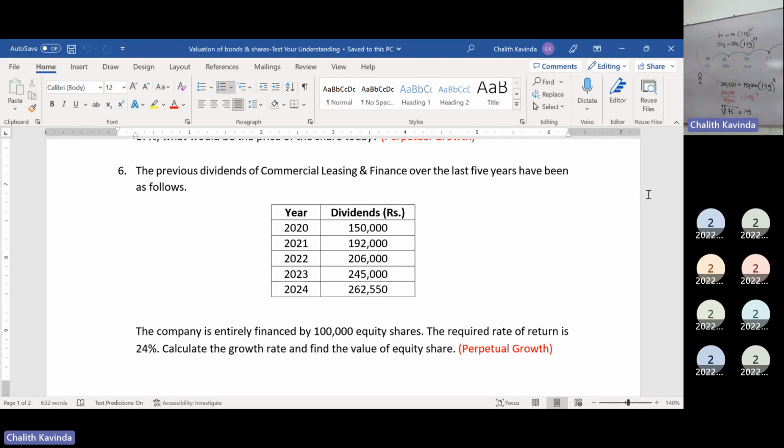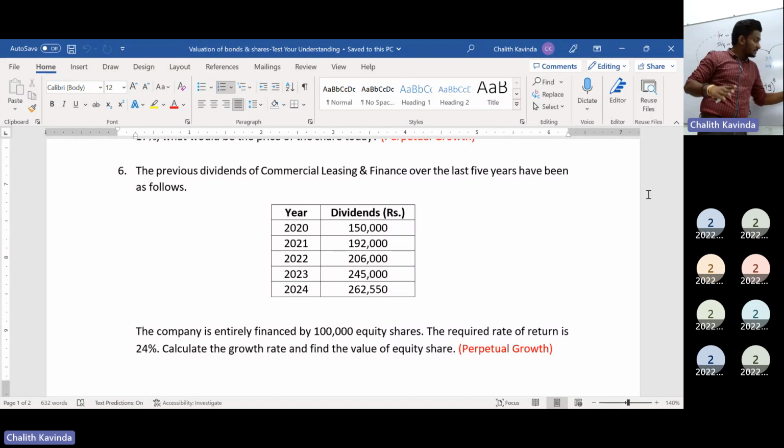So price of the share equals what? You have a growth rate. Does it link with the number of years for the future? Yes or no?